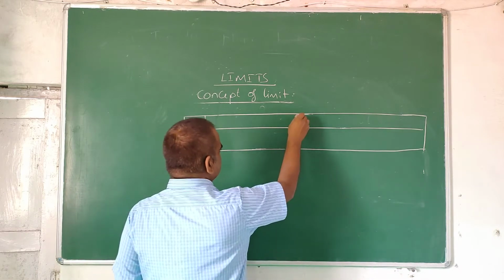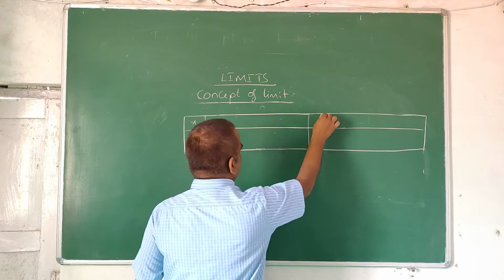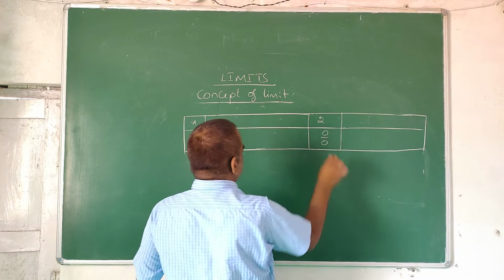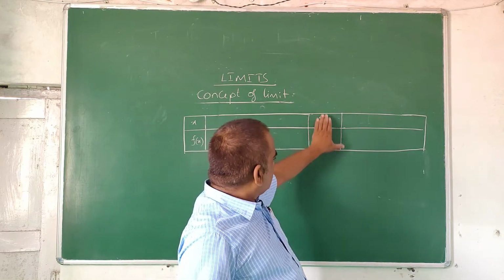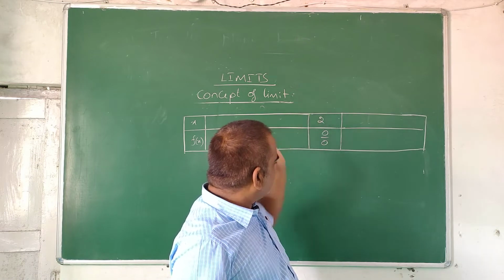At 2 we get indeterminate form, which is 0 by 0, as we have already seen. We don't consider this, I am just showing you.